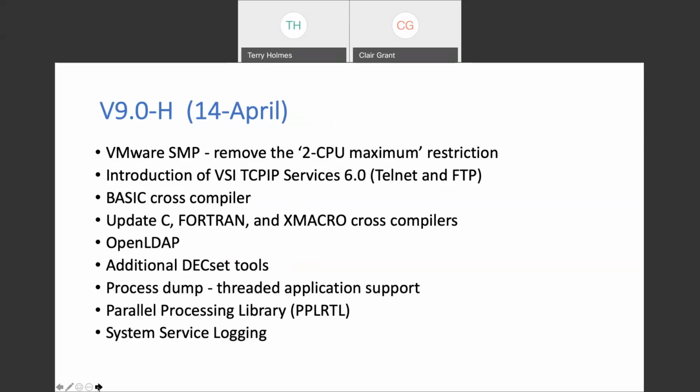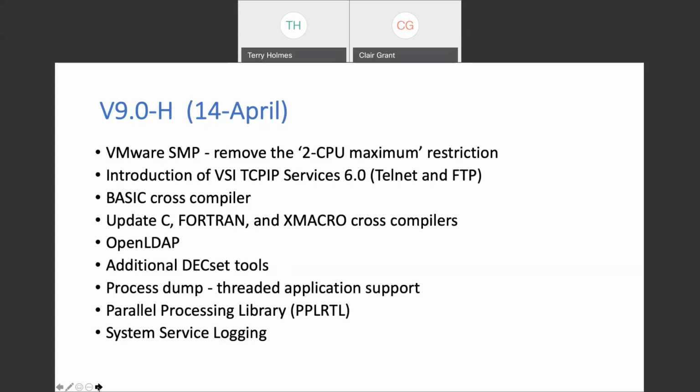So April, yes, we're supporting VMware in the G release, but it's limited to 2 CPUs. We discovered things right near the end of the G development cycle, and they've since been fixed.